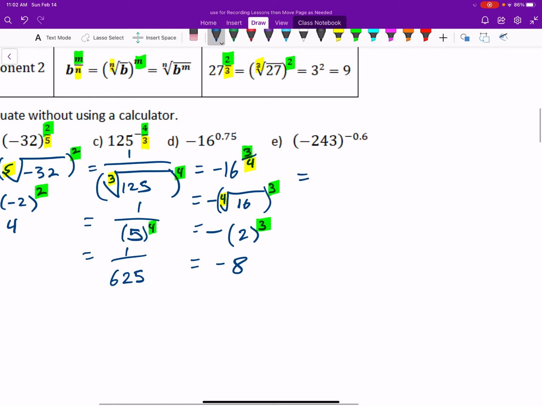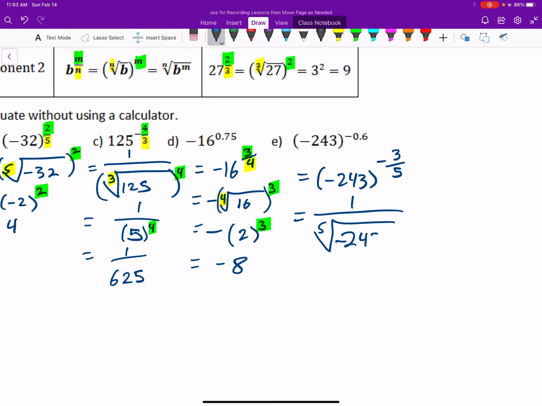Likewise, for E part here, I could rewrite this as -243. Notice how that's inside the brackets this time. To the negative, well, it'd be 6/10, but that would reduce to 3/5. So that's 1 over the 5th root of -243 to the exponent 3. 5th root of -243 is -3.